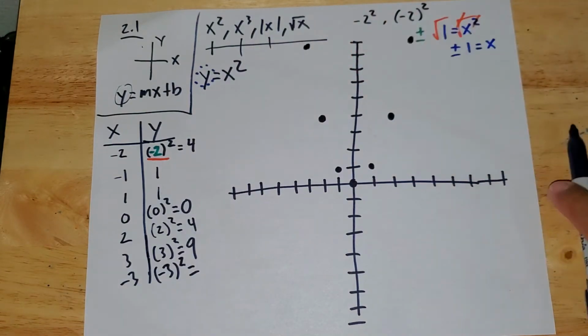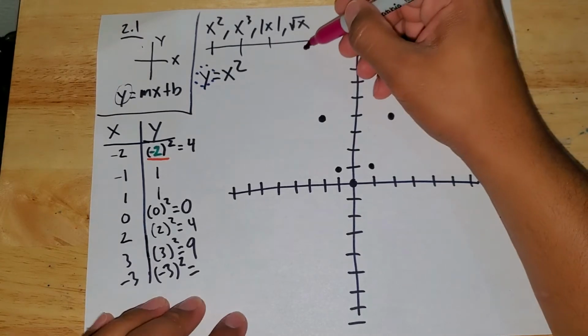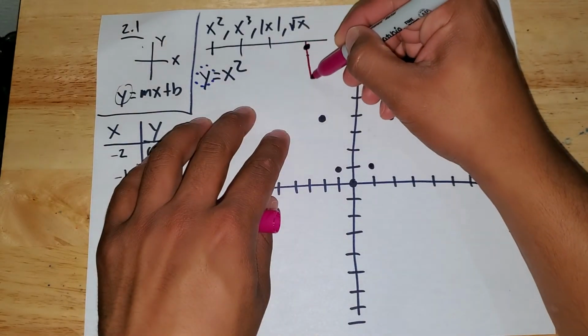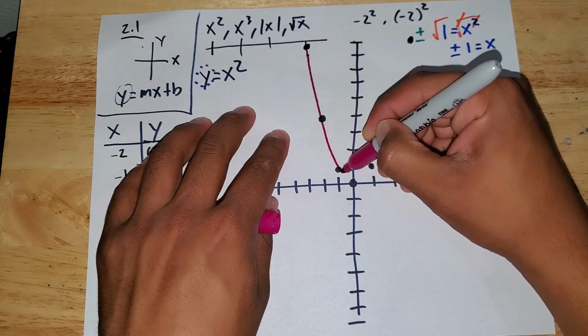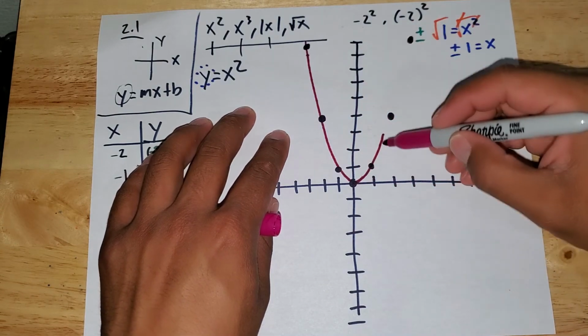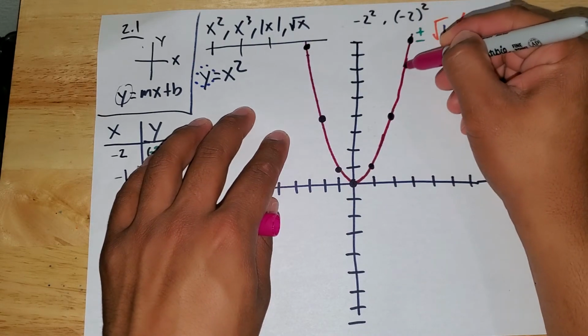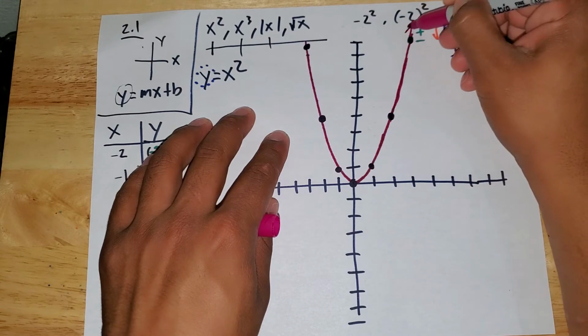Now I can try to connect the dots of this graph. And let's see the shape that it makes. Again, it has to somehow curve back up. And maybe some of you are now recalling what this is.